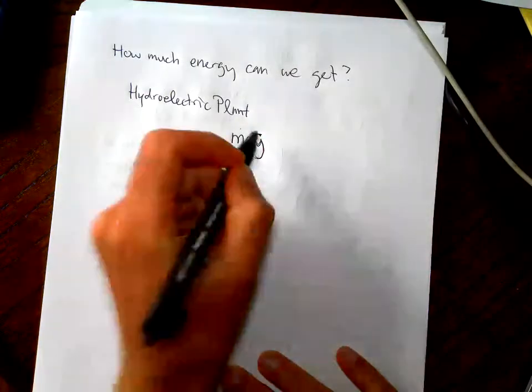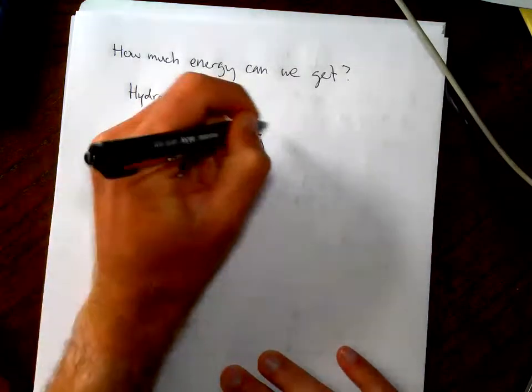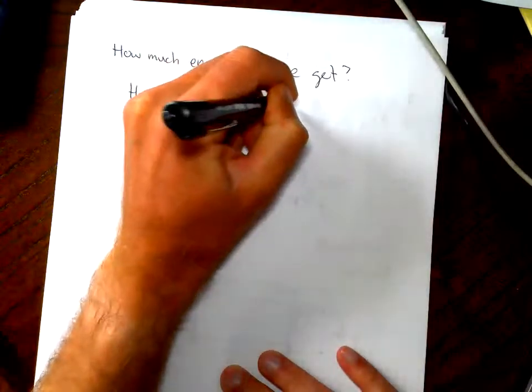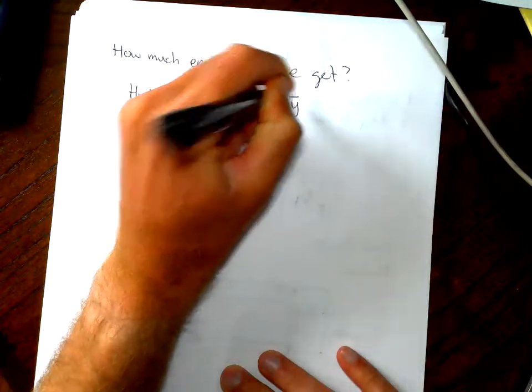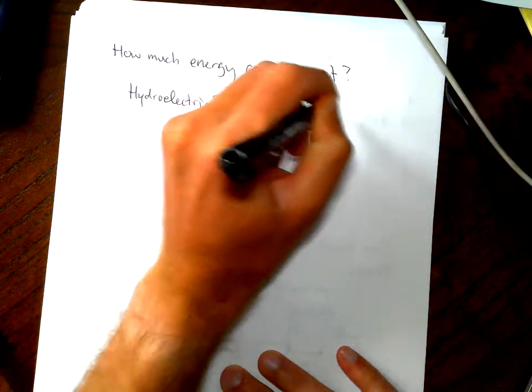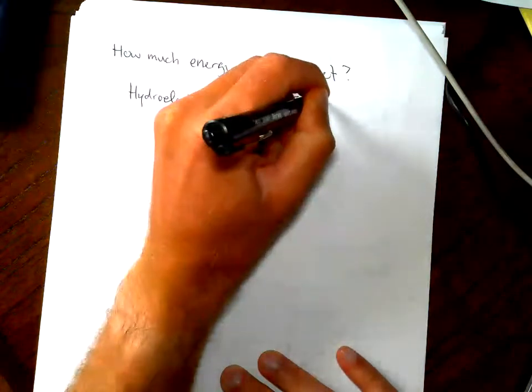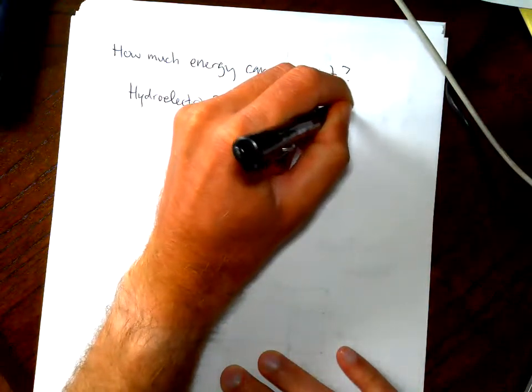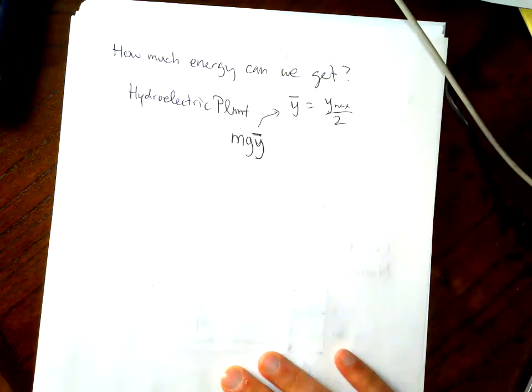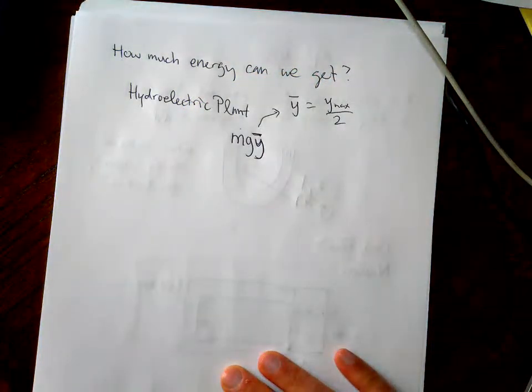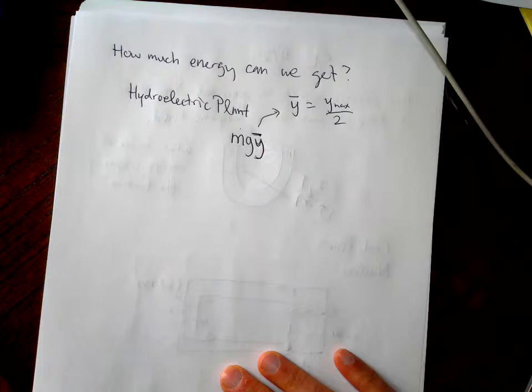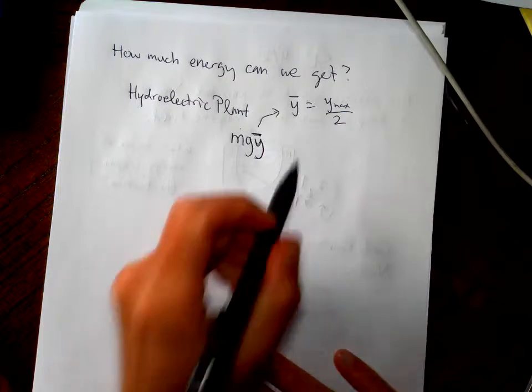So I'll put a bar over that for average, where oftentimes the average height is just the maximum height divided by 2. It's kind of like if a pool is 10 feet deep and you wanted to know the typical amount of water, the average height of the water, you would use half that.